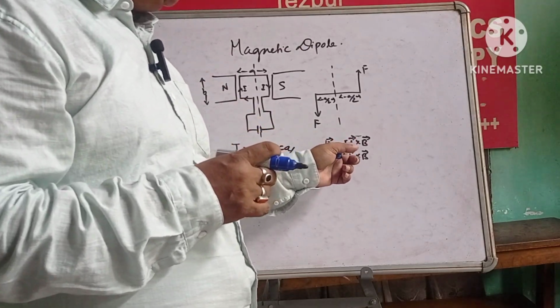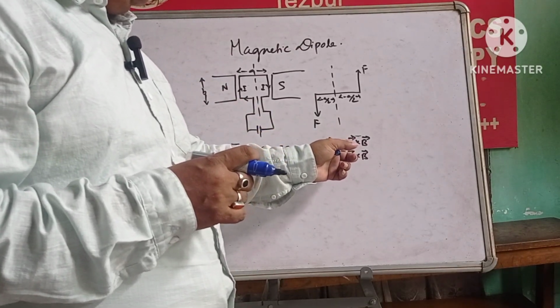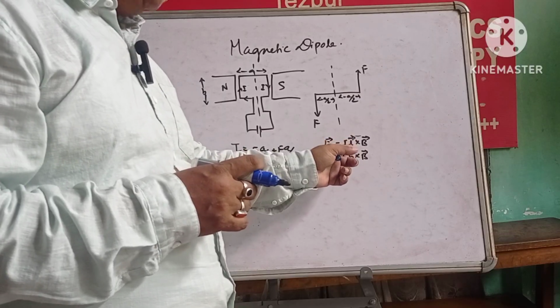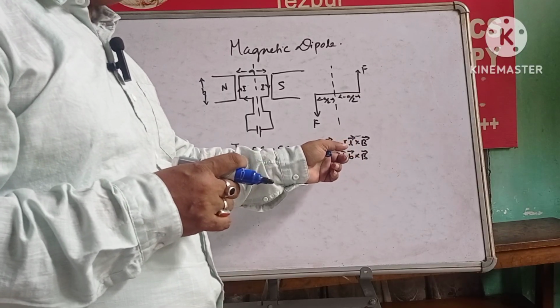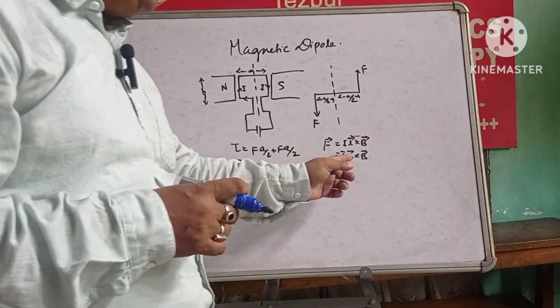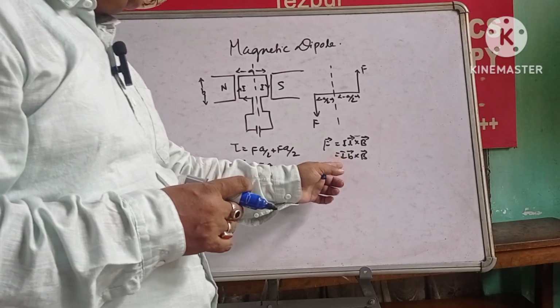The direction of the length of the conductor is the direction of the current. So here the direction of this b is the direction of the current.